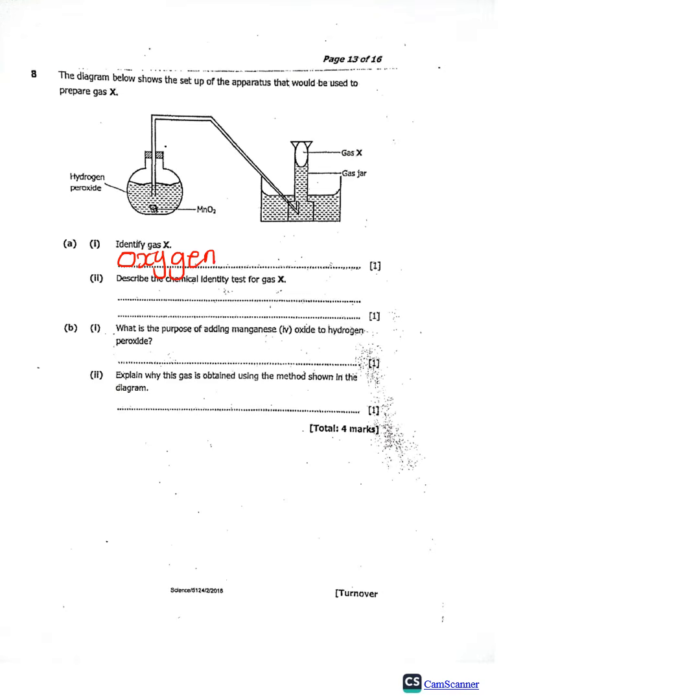Then for Roman number 2, describe the chemical identity test for oxygen. It relights a glowing splint. Then, what is the purpose of adding manganese(IV) oxide to hydrogen peroxide?